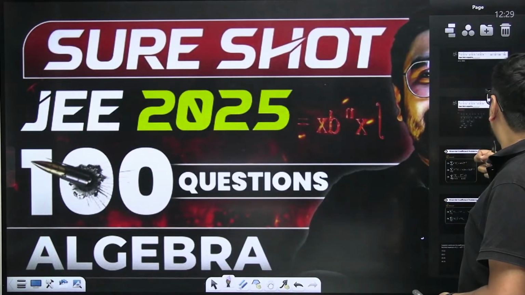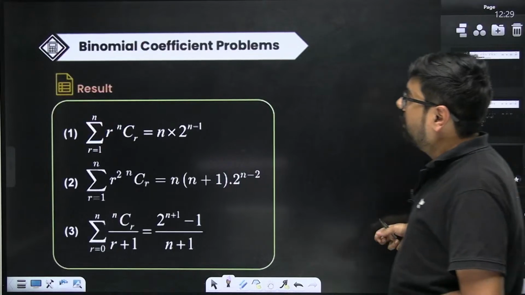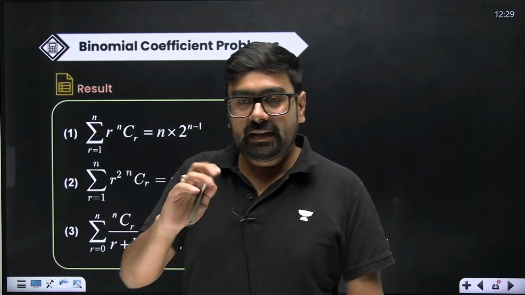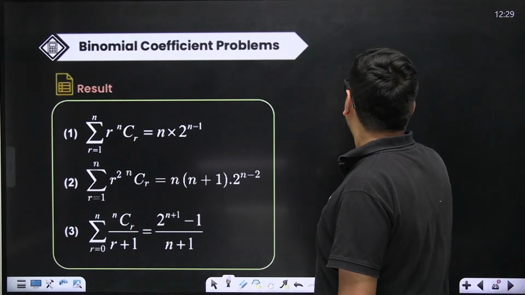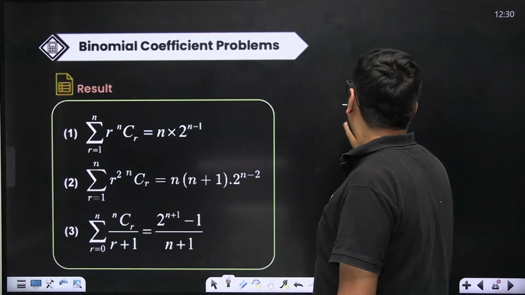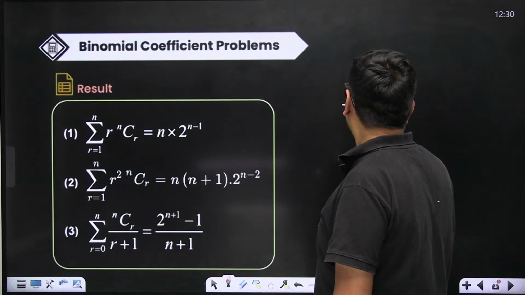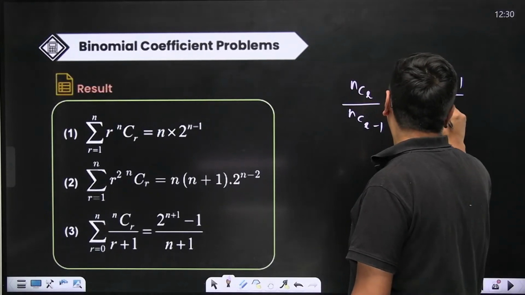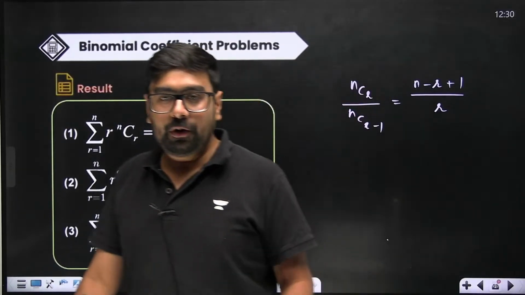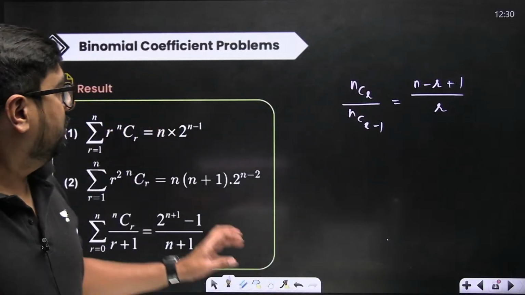Okay, so we saw binomial theorem last time. Very important thing in the entire chapter actually, right? Most of the things we know, like for example nCr divided by nCr minus 1, then we know this is (n minus r plus 1) divided by r. These important formulas, all of them we should know.